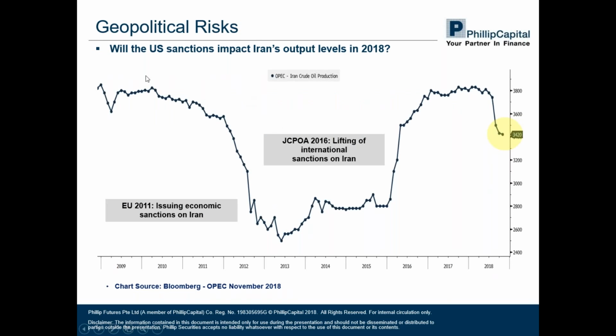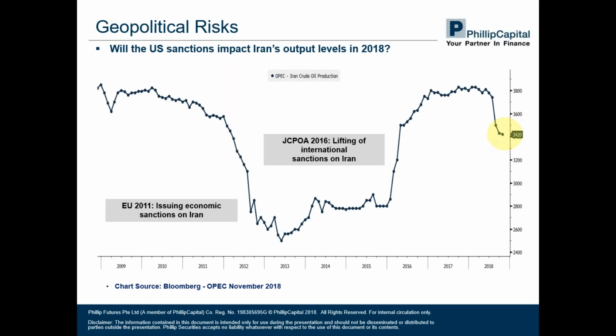The next point, of course, is Iran. I just wanted to put this chart to show how previous sanctions took off close to 1.5 to 2 million barrels in a quick span of time. What we are seeing for Iran is that the shift is definitely on the downward decline, but how much is key.